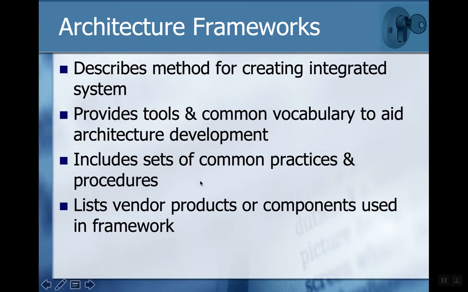Frameworks also contain things like practices and procedures, and there are a bunch of vendor products out there. So these frameworks are really just a toolkit or a set of methodologies to create an architecture.